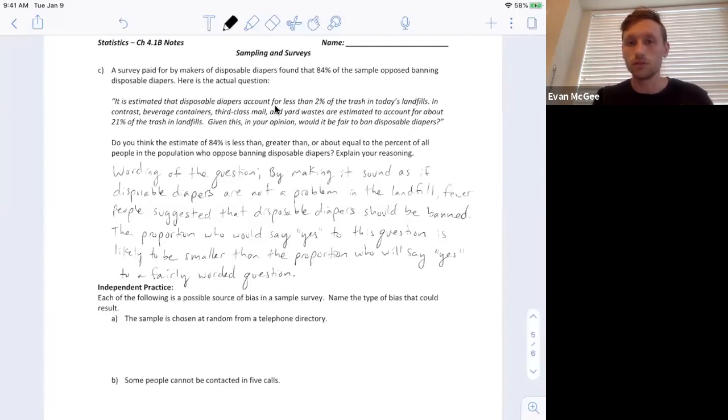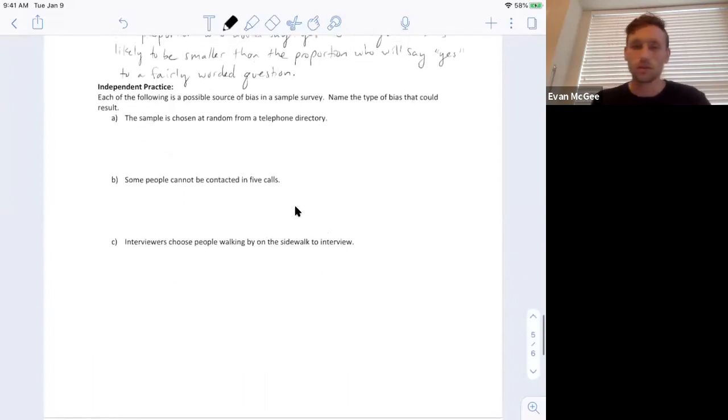If they didn't make these other things look much worse than diapers, then more people would have responded saying yes, that it would be fair to ban the disposable diapers. So with that in mind, that's a couple examples. Go ahead and see how you do figuring out what is the bias in these three here.